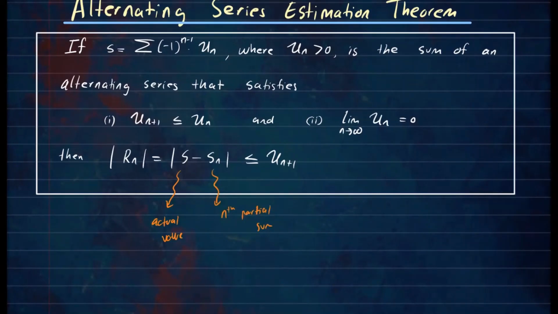So we're saying that when you do that subtraction, your actual value take away the partial sum, you're going to have a little bit of error left. And that's what this is. This is what we're calling the error. And the error is going to be always less than or equal to the next term, the u sub n plus 1 term. So that's what we're really saying.